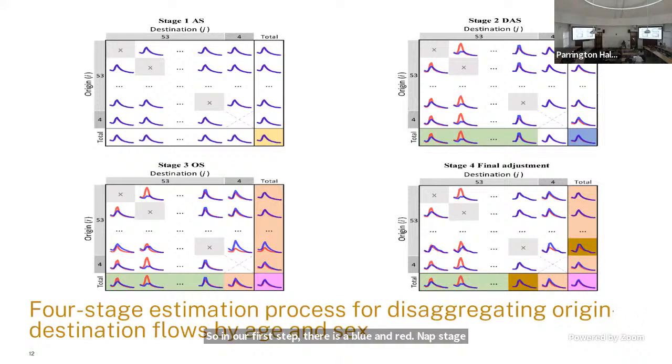So we estimated age sex profiles, but we assumed, our model said, all flows have the same shape by age and sex. But there's a small difference between the age and sex profile. The second stage, we start incorporating some data. Here we actually use some migrant stock data by age from the receiving countries. So this is a destination age sex model.